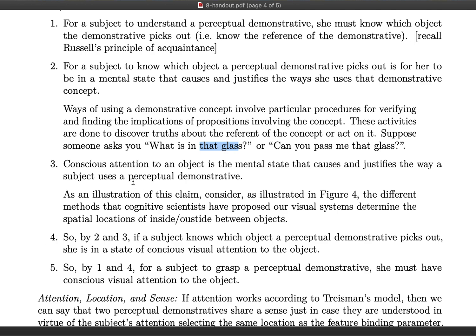Okay, now I'm going to return to premise 3, which is the claim that conscious attention to an object is the mental state that causes and justifies the way a subject uses a perceptual demonstrative. And in illustration of that claim, I'm going to go over a couple more things from cognitive science to illustrate why this might be true. Okay, so we saw some intuitive reasons here why it's true that conscious attention is what causes and justifies.